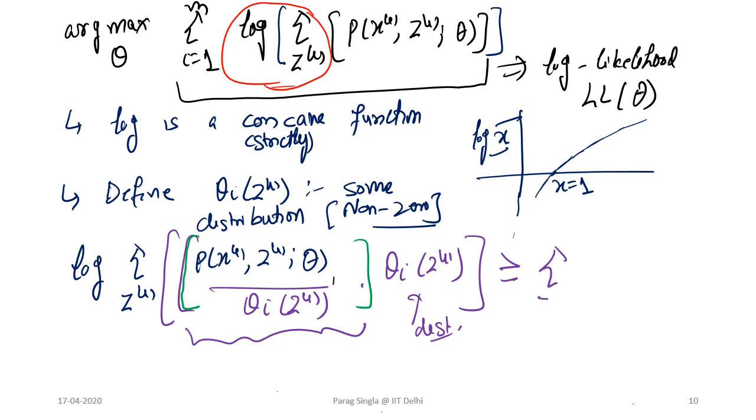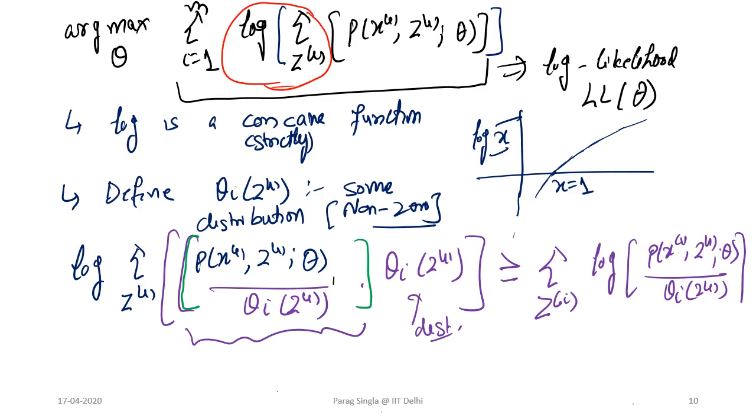So this zi will come out, and then we will write f(x), which is nothing but log of p(xi, zi; theta) over qi(zi), and, because it is an expected value, multiplied by qi(zi).